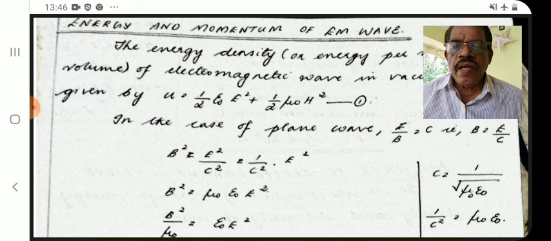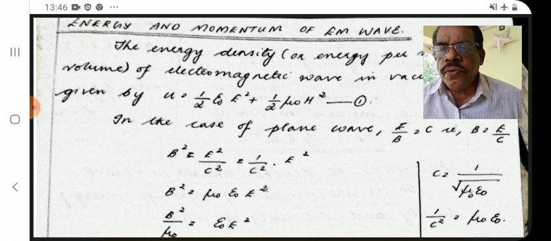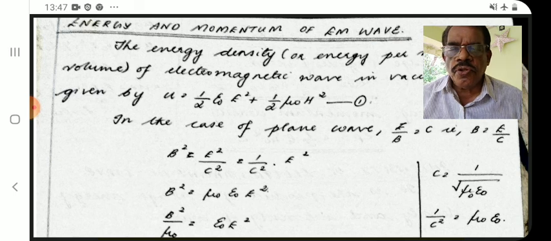In the case of a plane wave, E by B is equal to C, that is B is equal to E by C. We put that value here. So B square is E square by C square, that is B square is 1 by C square E square. That is B square is mu 0 epsilon 0 E square. Where do we get mu 0 epsilon 0?